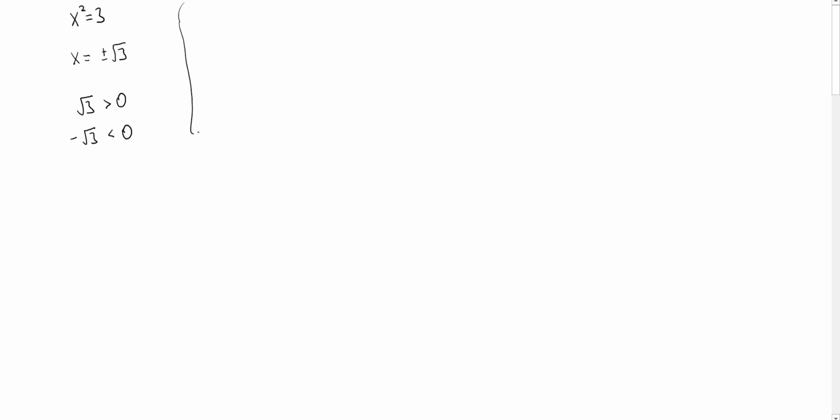Now let's consider this expression, the square root of x squared. So x squared has two square roots, x and minus x. Now when we write the square root of x squared without a minus sign in front, that means this is referencing the positive square root of x squared.